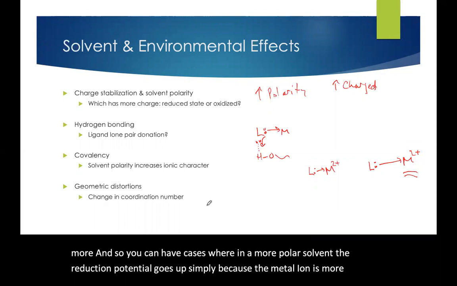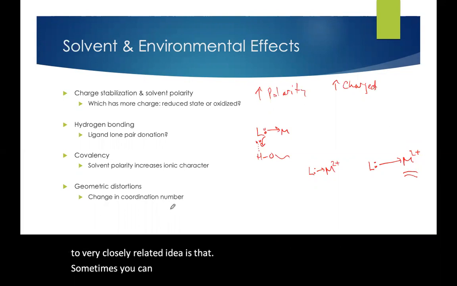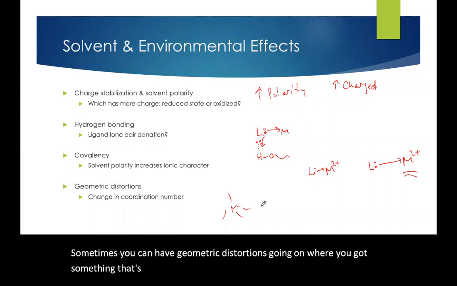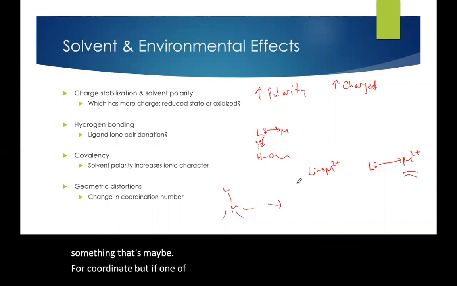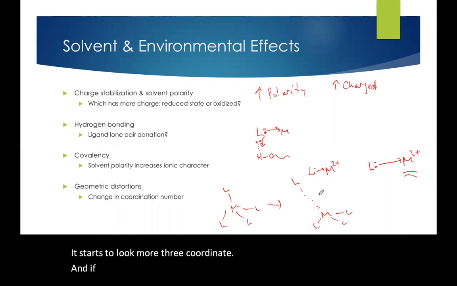And a very closely related idea is that sometimes you can have geometric distortions going on where you've got something that's maybe 4-coordinate, but if one of the ligands pulls away from the metal, it starts to look more 3-coordinate. And if it's more 3-coordinate, there's less electron density at the metal.